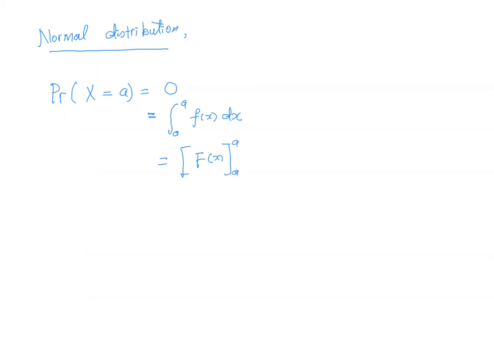So this is equal to F(a) minus F(a), which is equal to 0. So for normal distribution or any continuous distribution, this is the probability density function. So they may ask you to explain like that. Why?